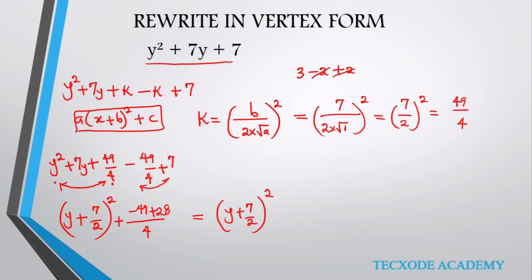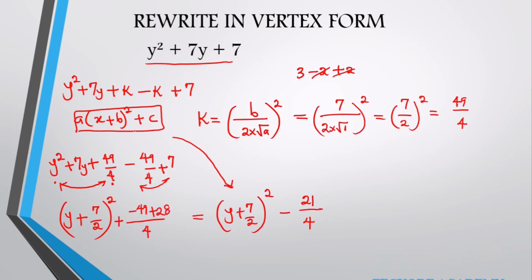Now, negative 49 and 28 would be negative 21, so it's going to be negative 21 over 4.